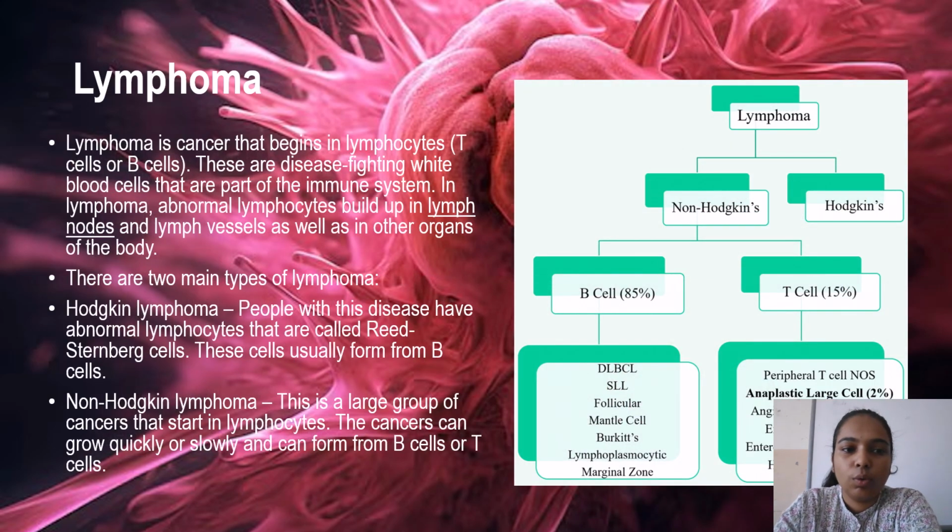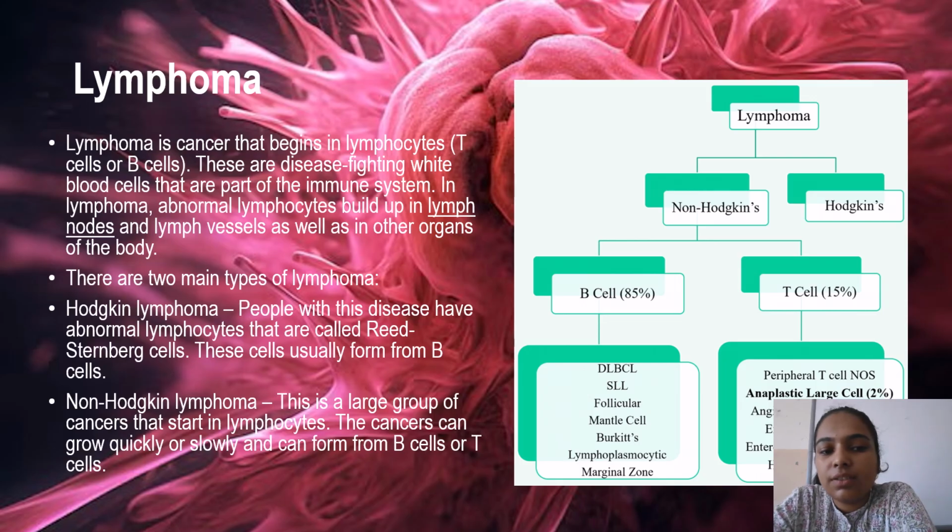Next we have lymphoma. Lymphoma is a cancer that begins in lymphocytes like T cells or B cells. These are disease-fighting white blood cells that are a part of the immune system. In lymphoma, abnormal lymphocytes build up in lymph nodes and lymph vessels as well as in other organs of the body. So basically we have two types of lymphoma: Hodgkin's lymphoma and non-Hodgkin's lymphoma.